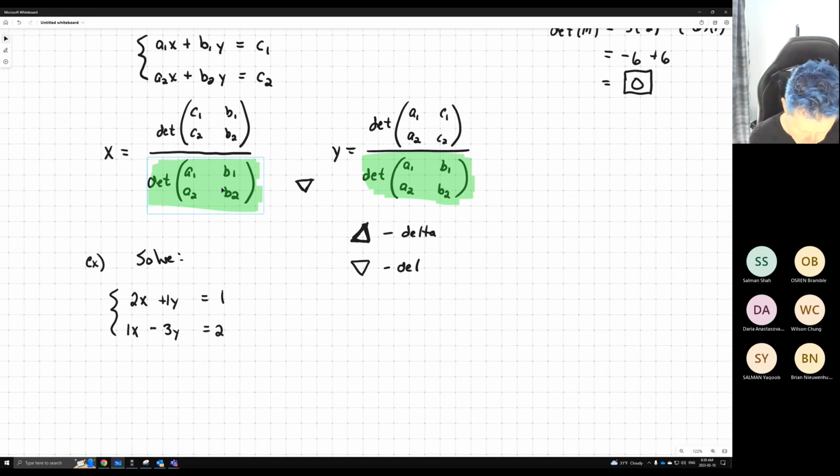I'm not going to use that very often, but sometimes it's called del. It's the determinant in the denominator. And of course, it's the same for both x and y.